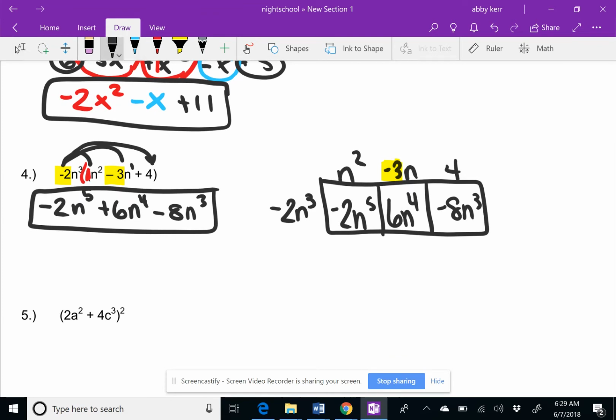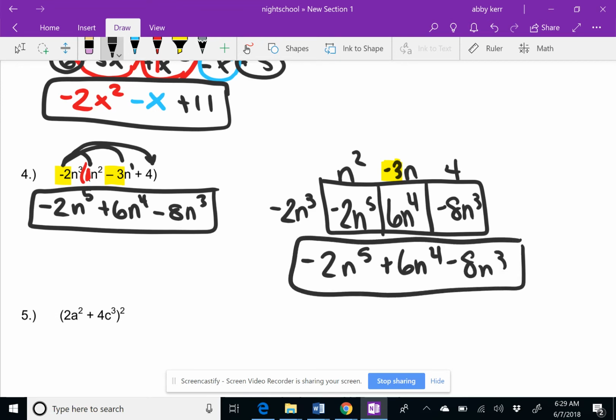Now when you write the trinomial, make sure you do the operation symbols in between. So this was a positive 6n to the 4th, so that's really adding 6n to the 4th. And this is a negative, so it really means subtraction. If you notice, it doesn't matter which strategy you choose, your answer is going to be the same if you mathematically did it correctly.